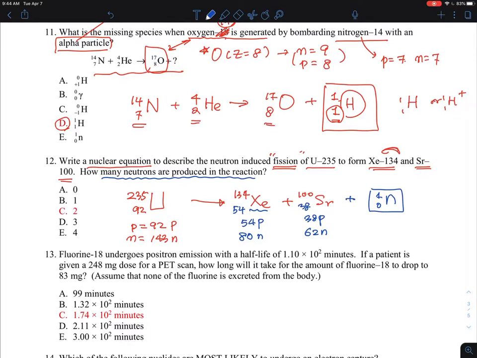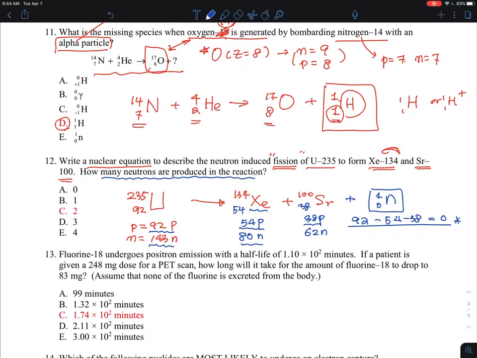Let's look at 92 and 54, 38. If you do that, 92 protons, 54 plus 38 is 92, so the difference is 0. So actually no protons are being lost or liberated. That's good. It's only the neutrons that are involved, but let's look at it.